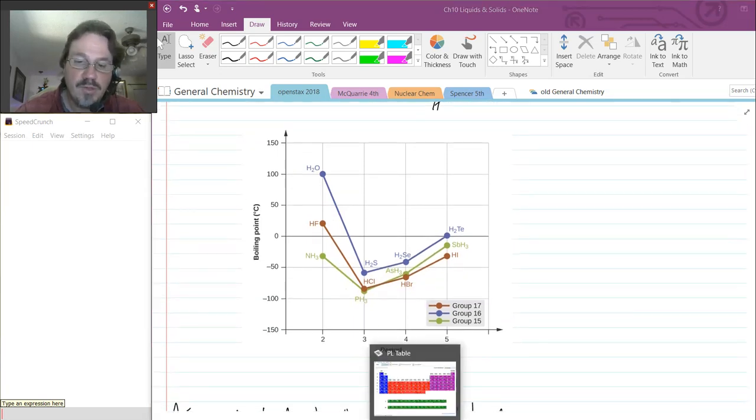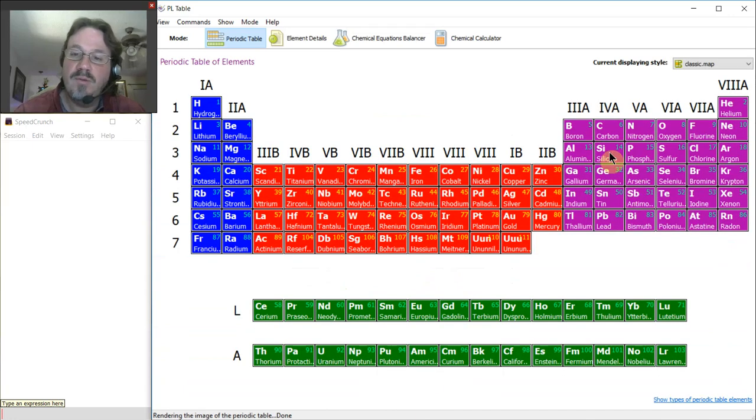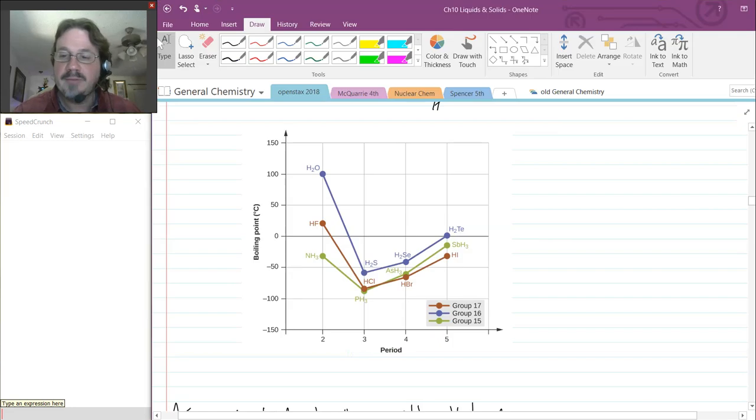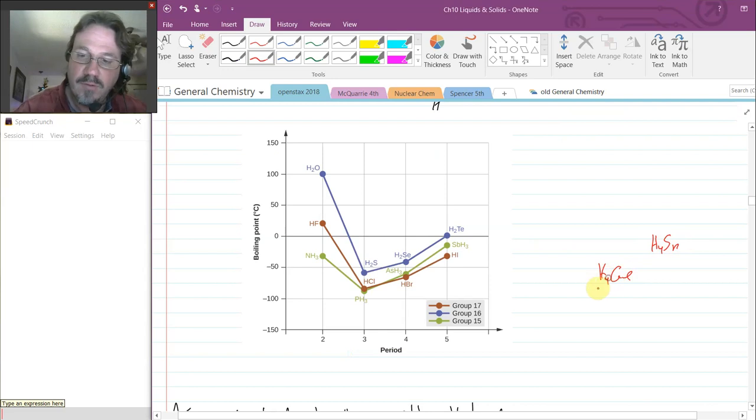Now, interestingly, they don't show this on this chart, but what if we did it with the carbon, silicon, germanium, and tin line? Well, if I was to draw that, the tin is the biggest, and so I would expect SnH4, then GeH4, and then SiH4.